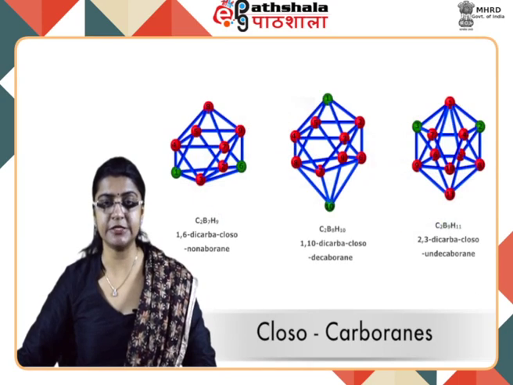Few more examples of closocarborane includes 1,6-dicarba-closononaborane and 1,10-dicarba-closodecaborane having the formula C2B8H10. Each of the polyhedron vertices have been occupied either by carbon or by boron atoms.